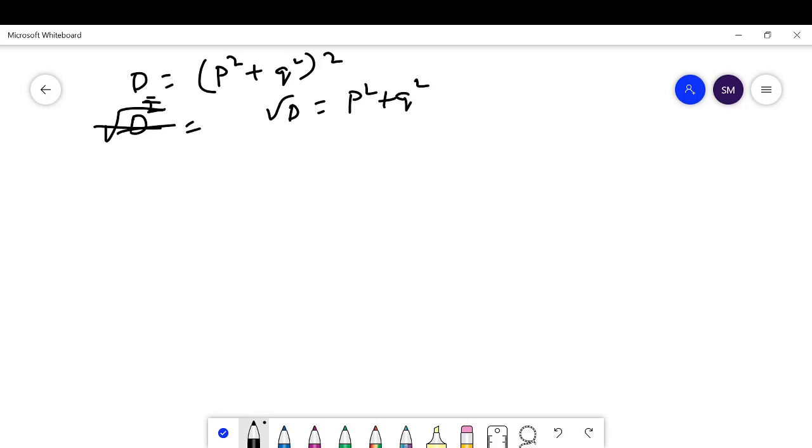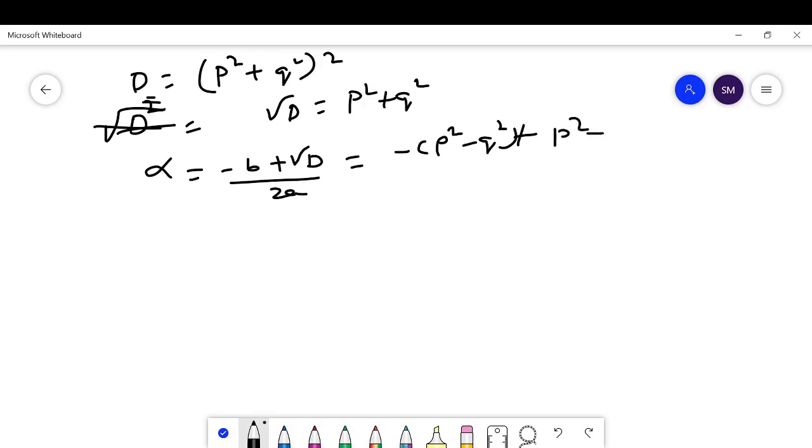Then here alpha is equal to minus b plus square root of D upon 2a. Here minus b is minus p square minus q square, plus p square plus q square upon 2 into p square.